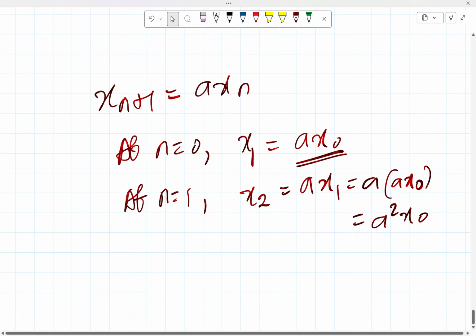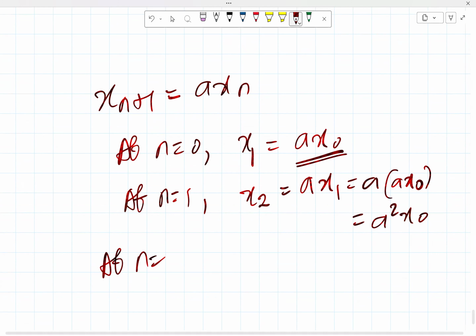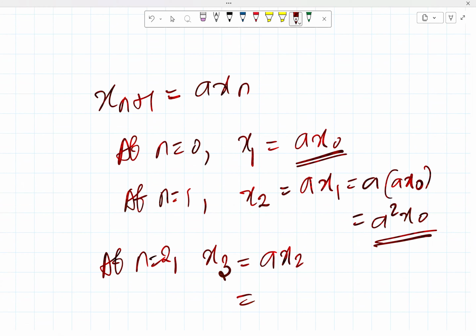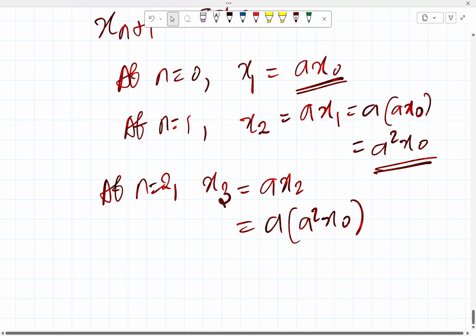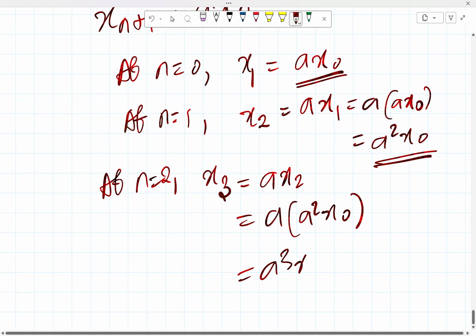You can see a pattern forming already. At n equals 2, we have x3 equals a x2, and x2 is a squared x naught, so this becomes a cubed x naught.